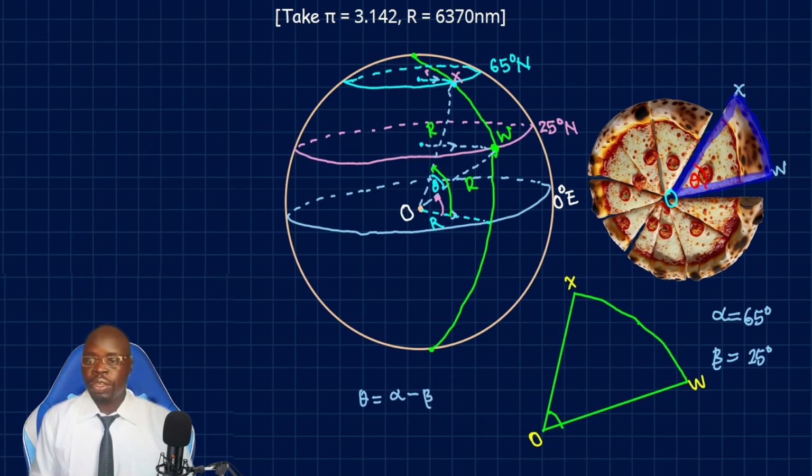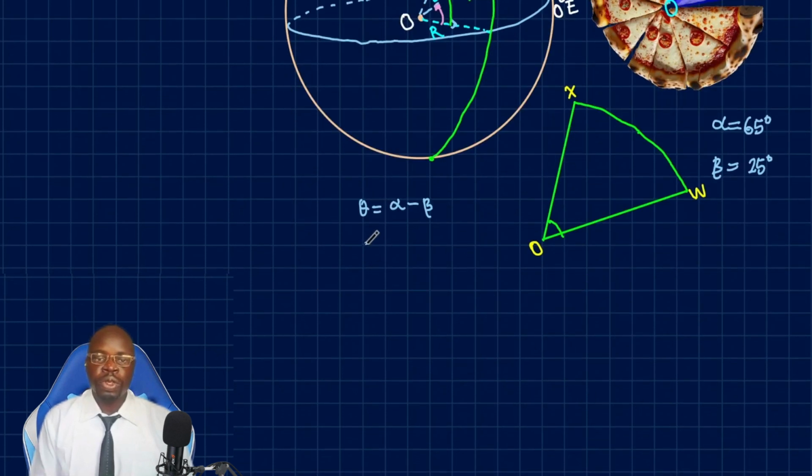When we make this substitution of 65 degrees minus 25 degrees, we get our angle difference as 40 degrees. So that is our theta. We have just gotten it here as 40 degrees.